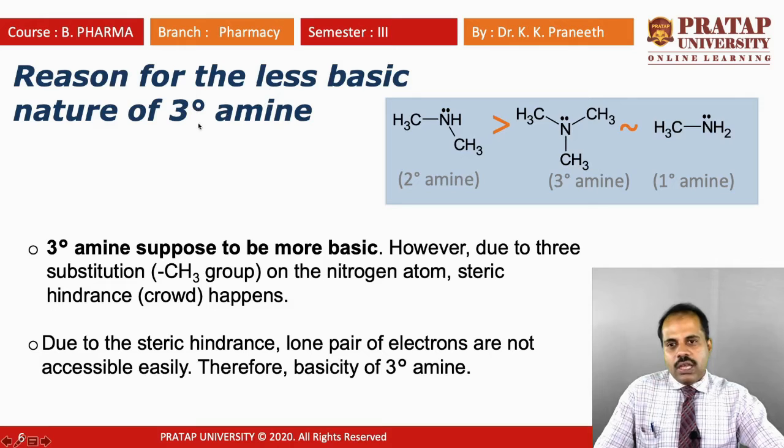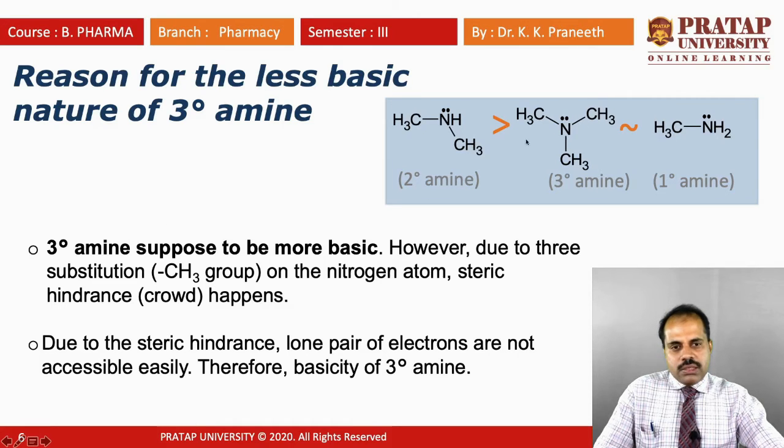Okay, so here you can see the reason for the less basic nature of tertiary amine. This is the actual scenario. The actual scenario is that the secondary amine is more basic. That's why this greater than sign is written here than the tertiary, and tertiary is equivalent to primary.